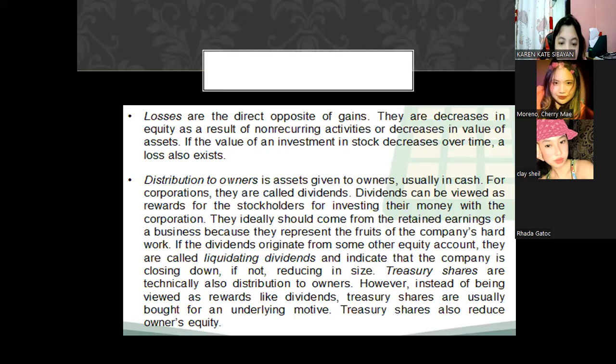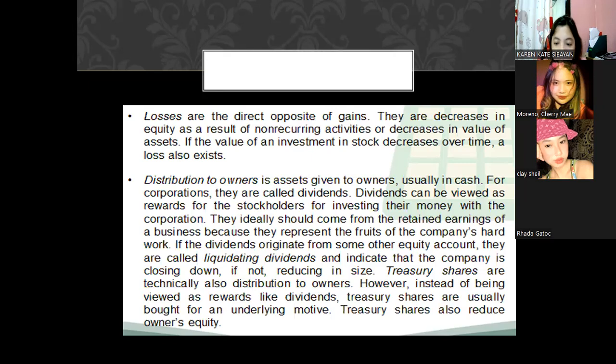Ideally they should come from the retained earnings of the business because they represent the fruits of the company's hard work. If the dividends originate from some other equity account, they are called liquidating dividends. Take note of that. Kung galing sa liquidating account. Okay, liquidating dividends. Kung galing sa equity account.